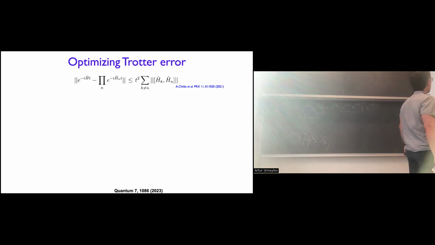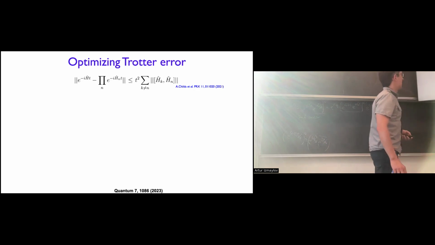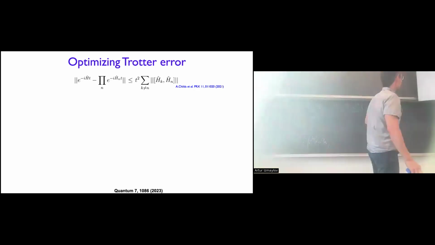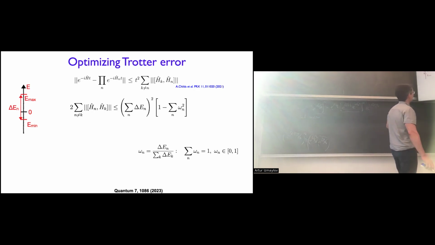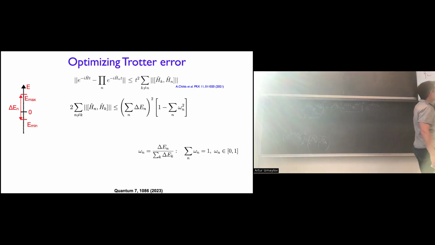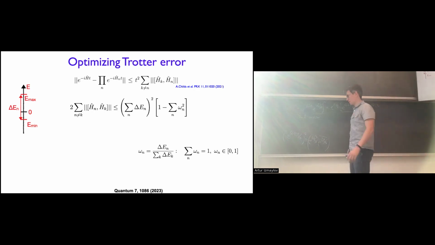So now we have this norm of the difference between the two propagators, right? One is the exact one, another is the approximate first order. And it turns out that you could analyze this in simpler terms. That's what we did in the cited work there.